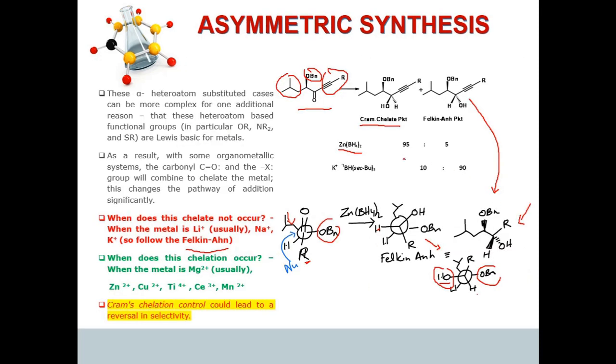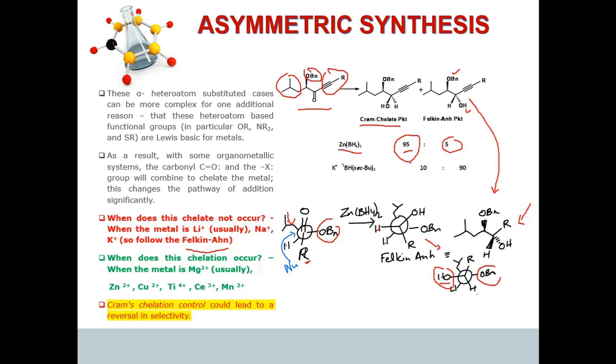Now, in this case, you can see here, when I use zinc, I am ending up with 95% of my Cram product. I am getting only 5% of my Felkin-Anh product. So, what I have drawn here is the Felkin-Anh product, which is only 5%, where my electronegative group and my OH group are anti to each other.